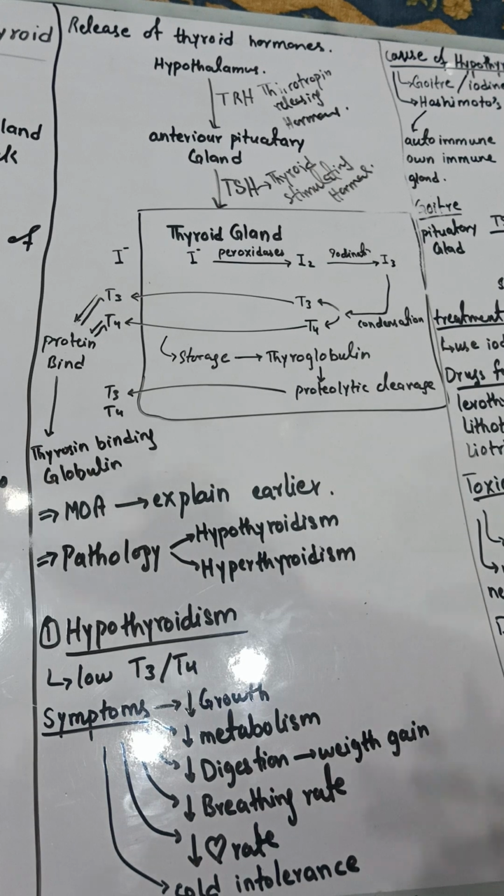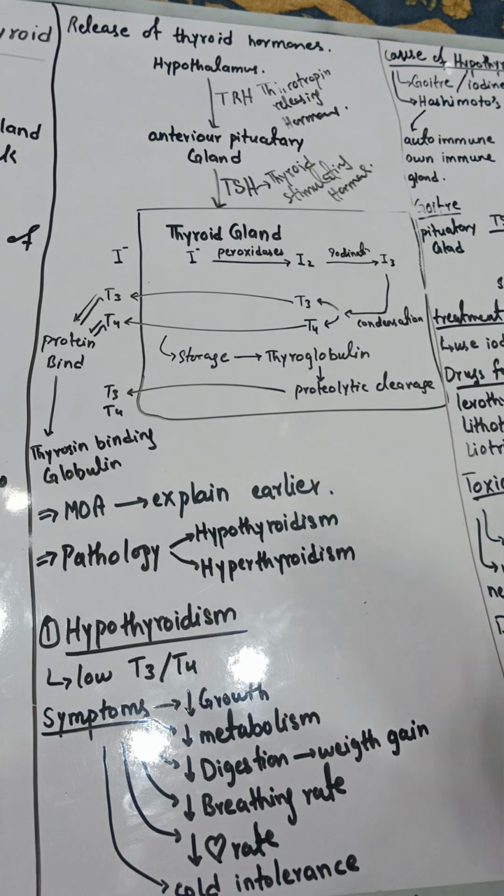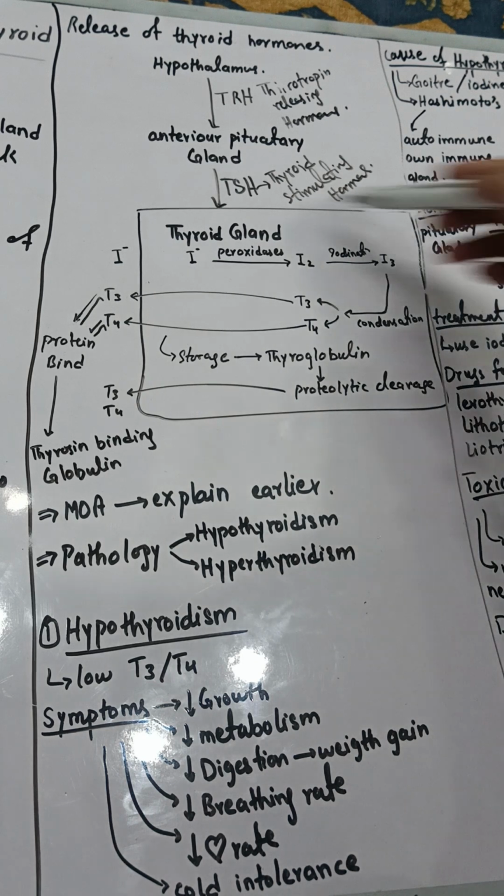How does the production of T3 and T4 happen? Now the mechanism of their synthesis is going to start. First we discussed their release, now we will discuss how they are produced. This is one cell of your thyroid gland.